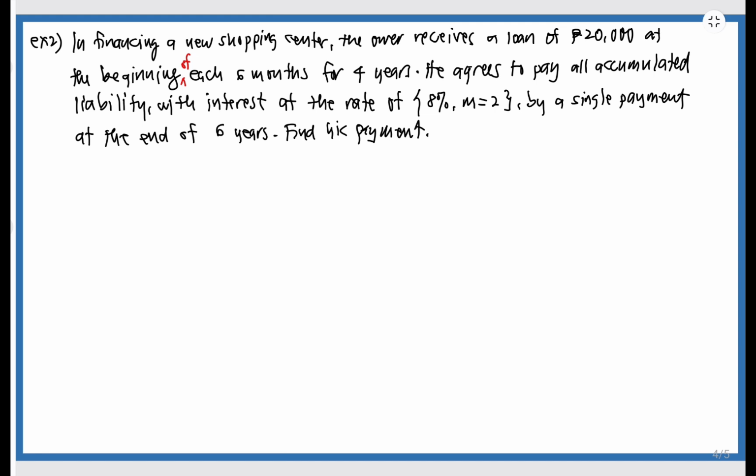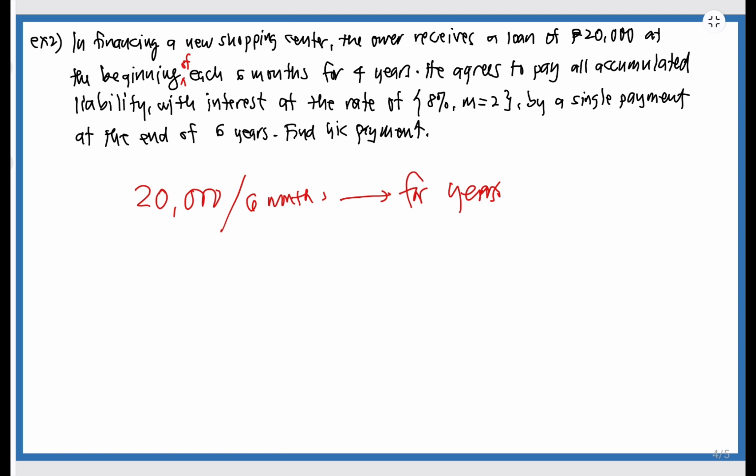So, what's happening here? He has a loan of 20,000 pesos per 6 months, which is for 4 years.